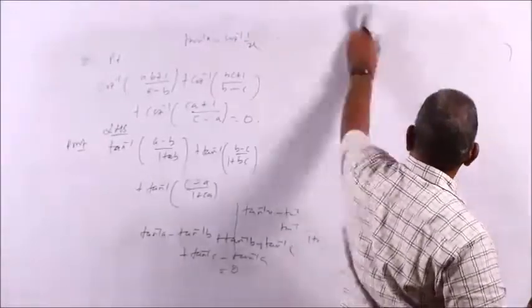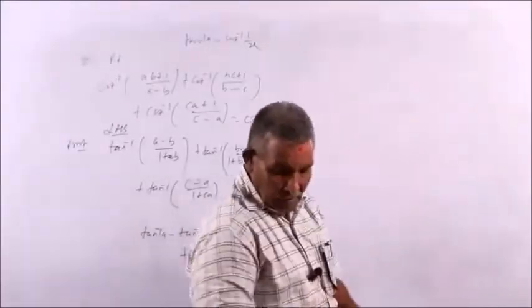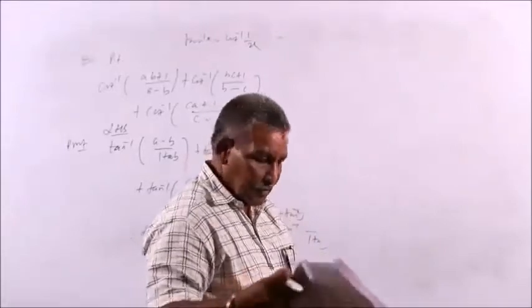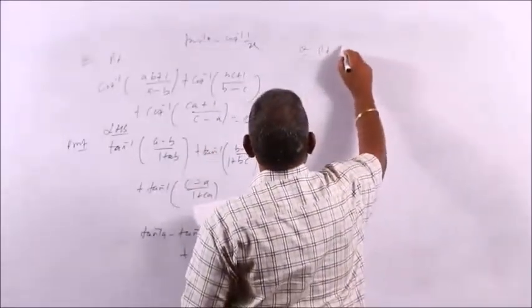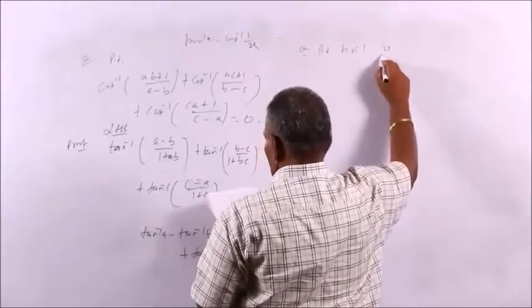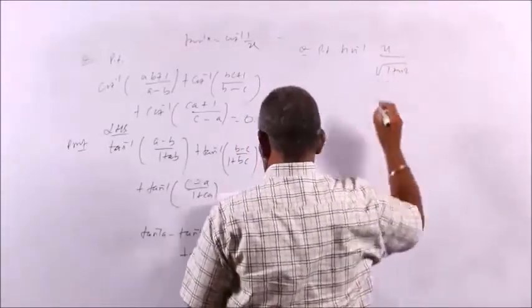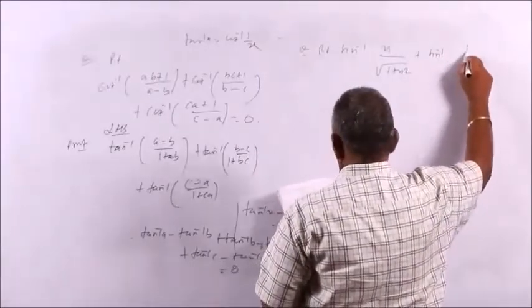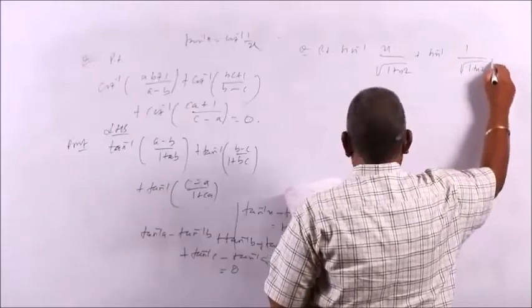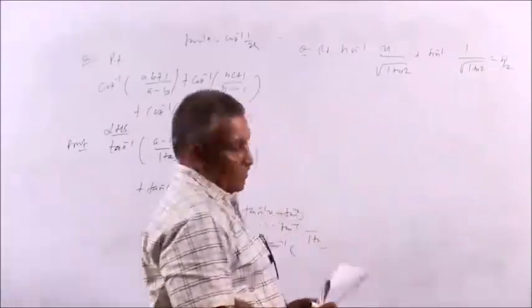Next is, prove that sin inverse x by root over of 1 plus x square plus sin inverse 1 by root over 1 plus x square equal to pi by 2.